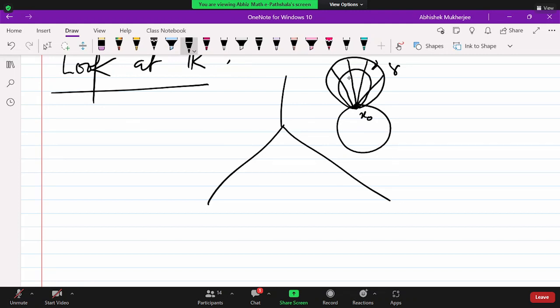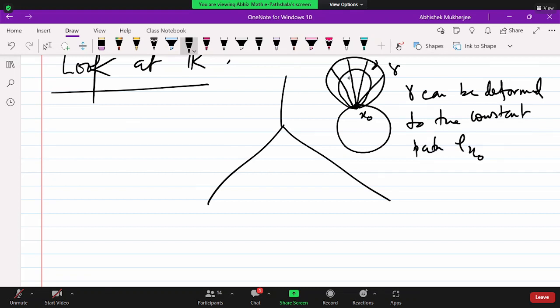Yeah. So this gamma can be deformed to the constant path x naught due to the presence of convexity in Rn, right?